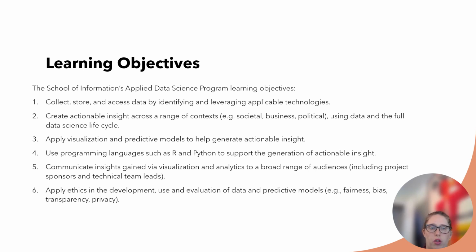Number 4, use programming languages such as R and Python to support the generation of actionable insight. Number 5, communicate insights gained via visualization and analytics to a broad range of audiences. And number 6, apply ethics in development, use, and evaluation of data and predictive models.